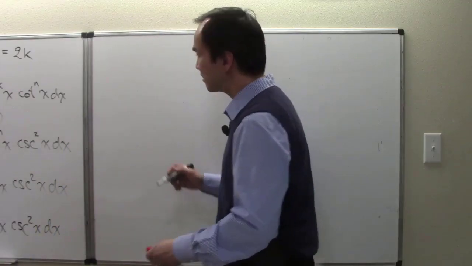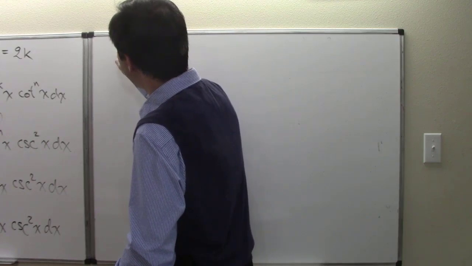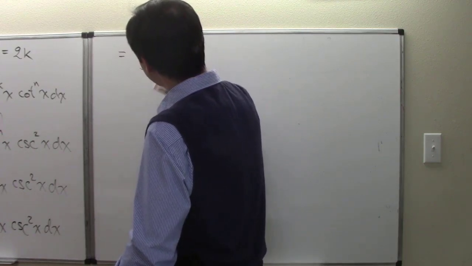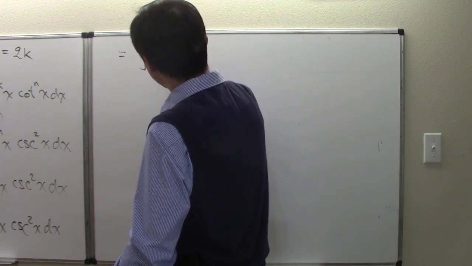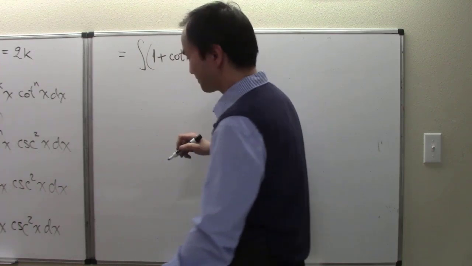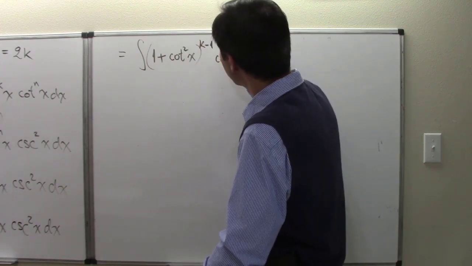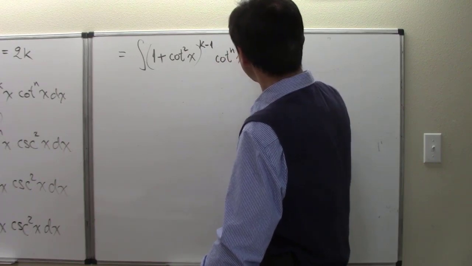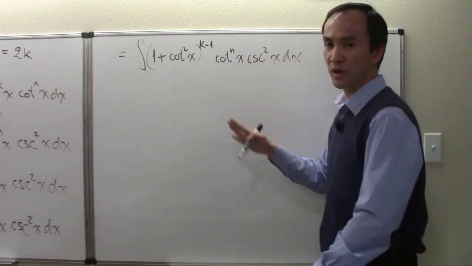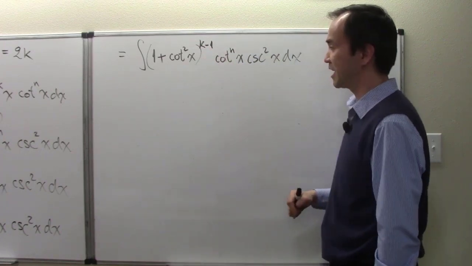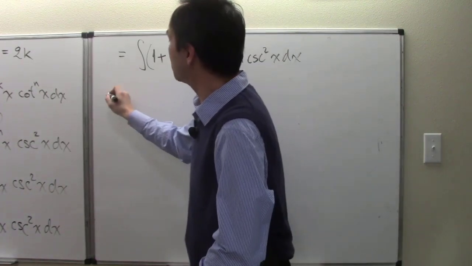And so now upon arriving at this step, we have produced our integral completely in terms of the cotangent: 1 plus cotangent square to the power of k minus 1 times the cotangent to the power n of x times the cosecant square of x dx. So once we have arrived here with our general integral, then we can substitute as a general plan.